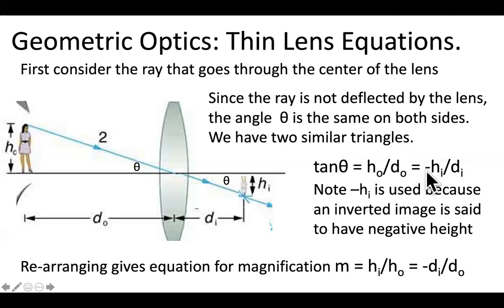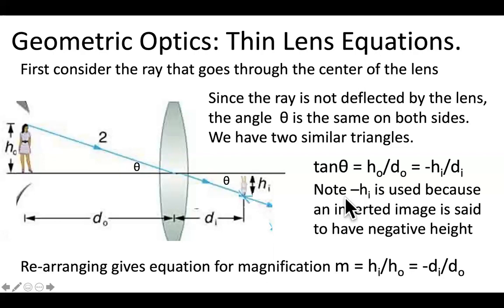Now you might wonder, why is the minus sign there? The reason the minus sign is there is because by convention, a height below the surface is taken to be negative. So an image that's upside down or inverted is taken to have negative height. This is a convention from people who are hundreds of years old.